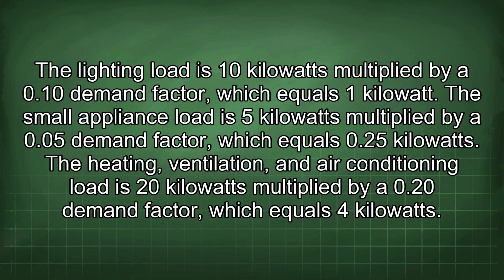The lighting load is 10 kilowatts multiplied by a 0.10 demand factor, which equals 1 kilowatt. The small appliance load is 5 kilowatts multiplied by a 0.5 demand factor, which equals 0.25 kilowatts. The heating, ventilation, and air conditioning load is 20 kilowatts multiplied by a 0.20 demand factor, which equals 4 kilowatts.